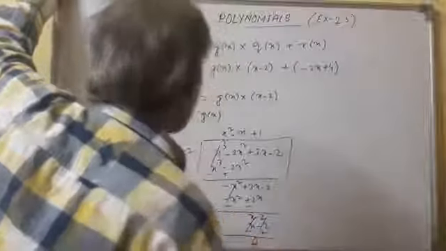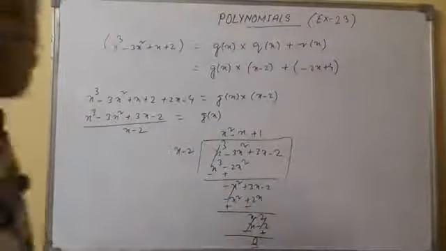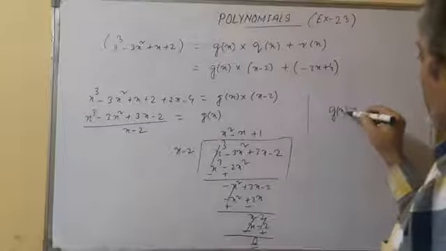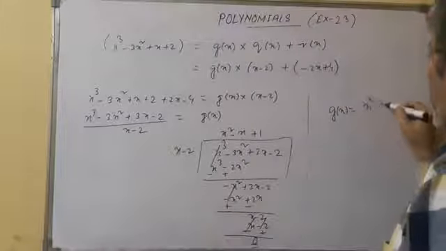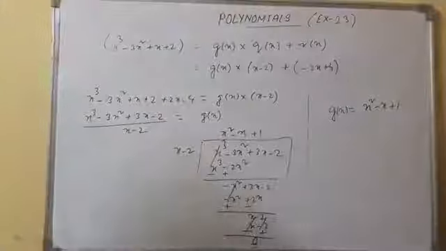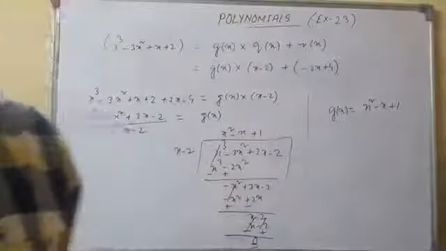So we are getting 0 as a remainder. So finally we got the value of g(x), and g(x) equals x^2 - x + 1. So in this way you can find the value of g(x).